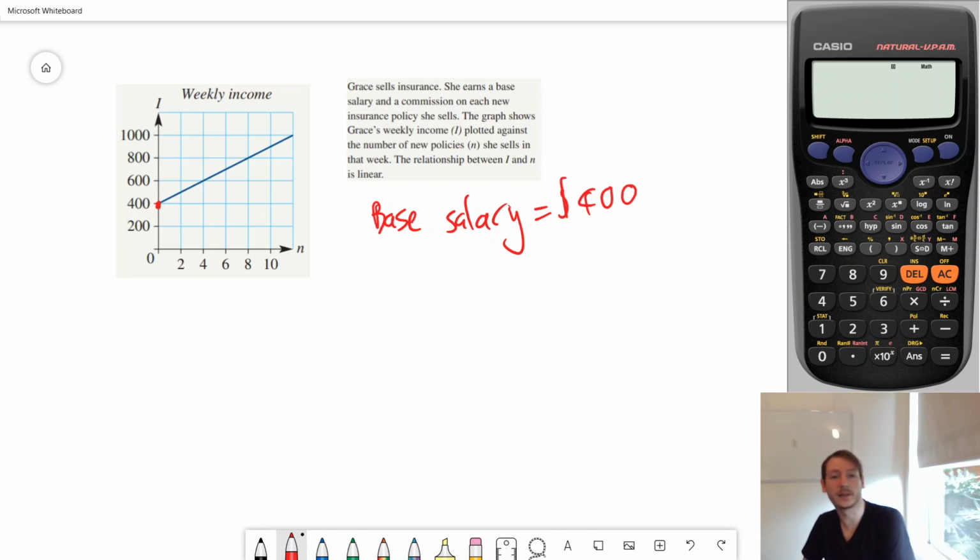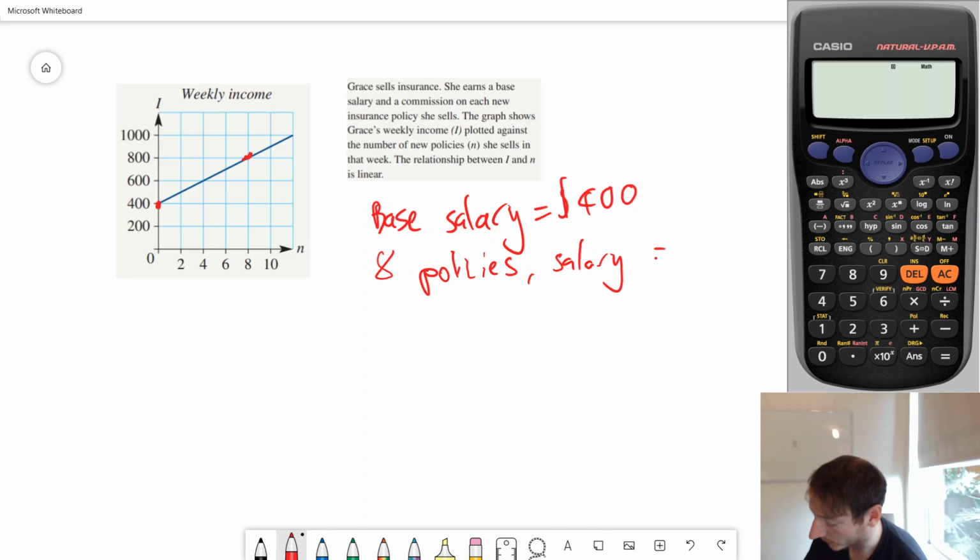Alright, next question. What is Grace's salary in a week in which she sells 8 new policies? Well, that's pretty easy. We come along to 8, go up until we hit it. That's 800. So 8 policies, salary equals 800.